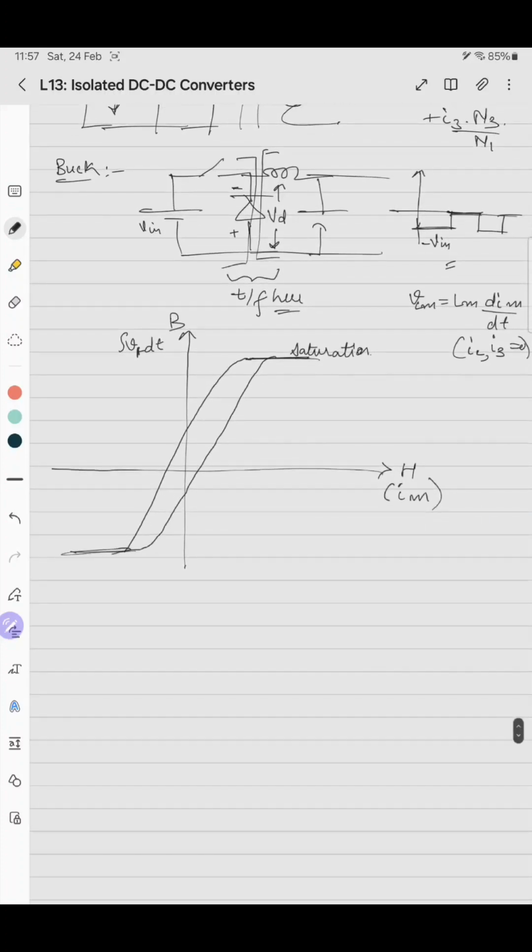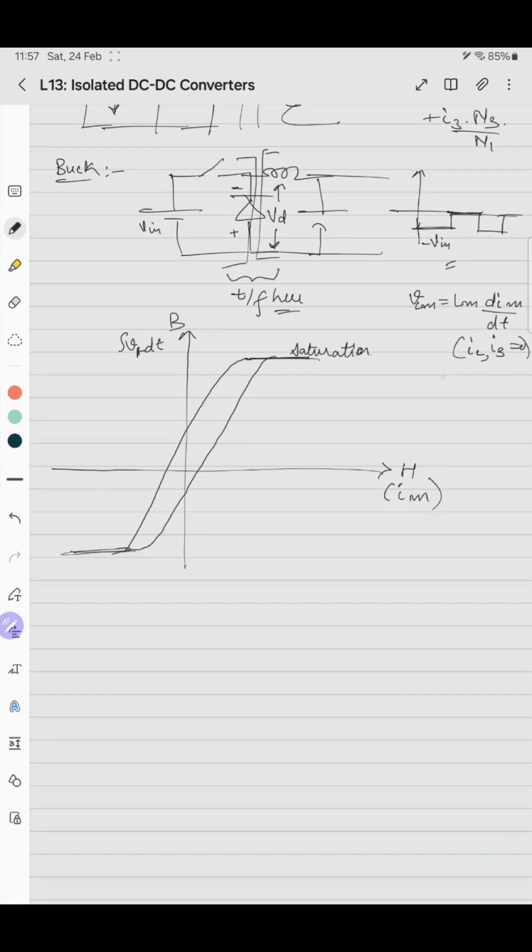If we apply the volt-second balance, it says that if the volt-second balance is true, then the transformer core magnetizes for one time interval and demagnetizes for the other.